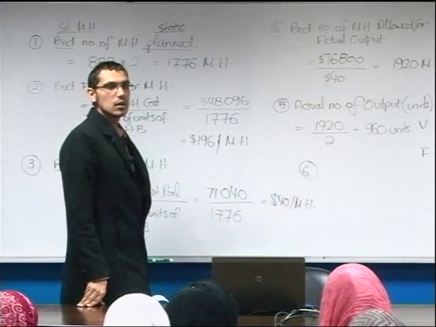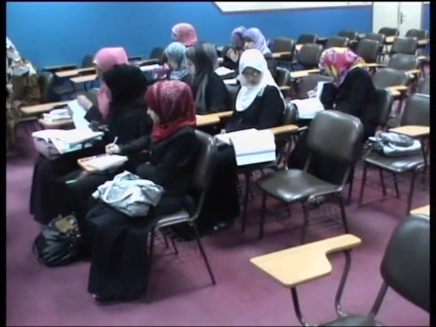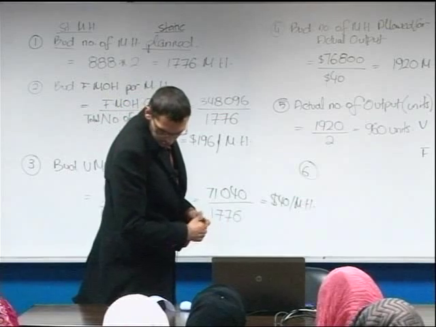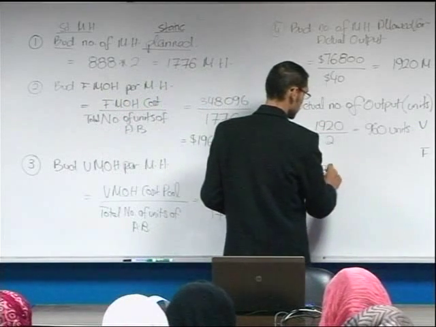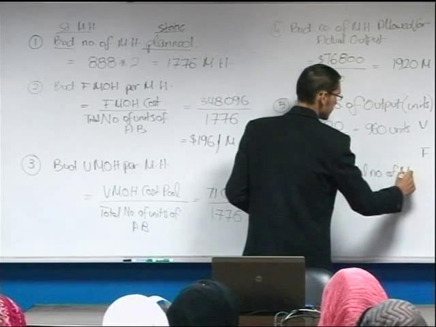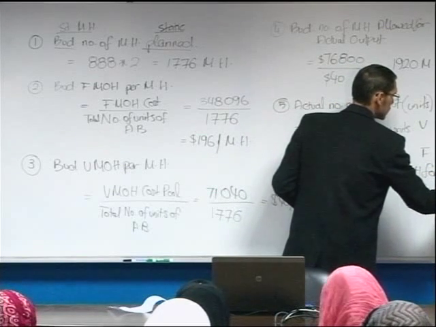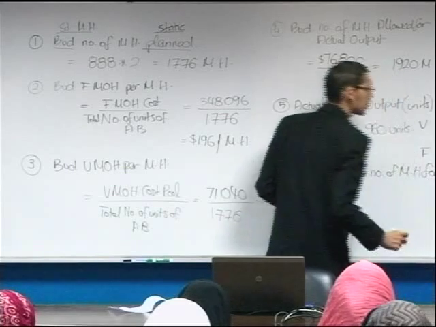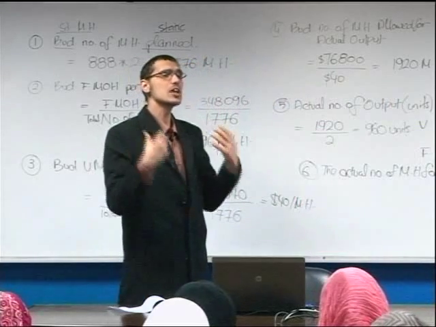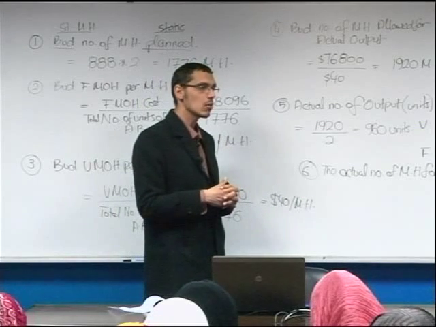Yes? Number 6, please. The actual number of machine hours used per output unit. Therefore, we need to calculate how many machine hours were used to produce 1 unit of the 960 units, correct?